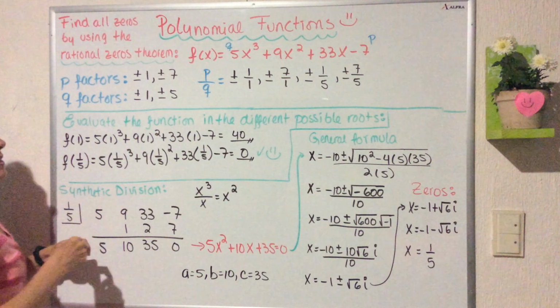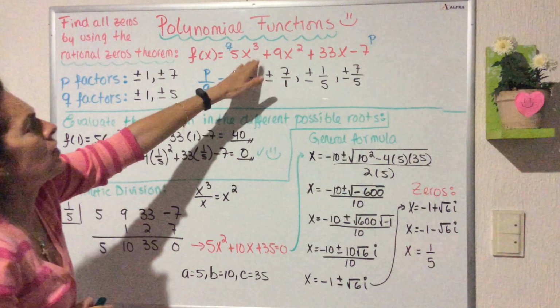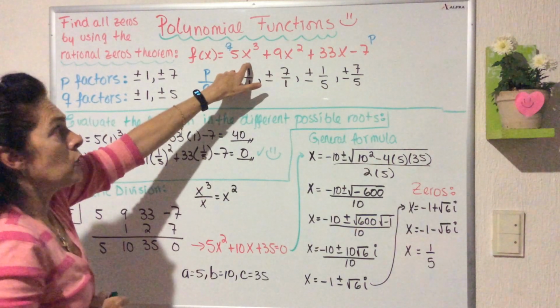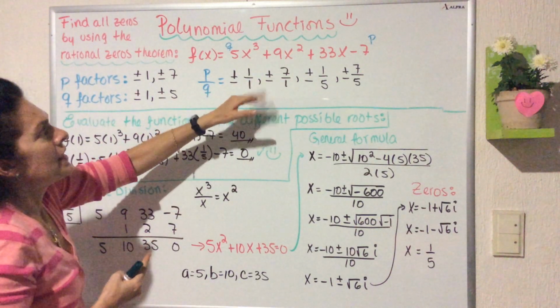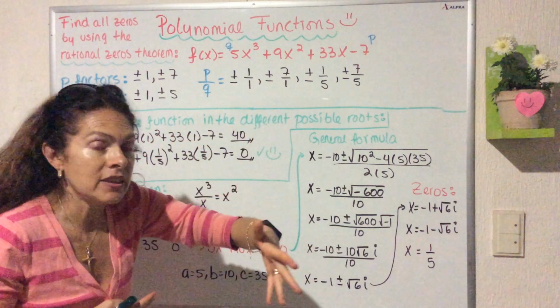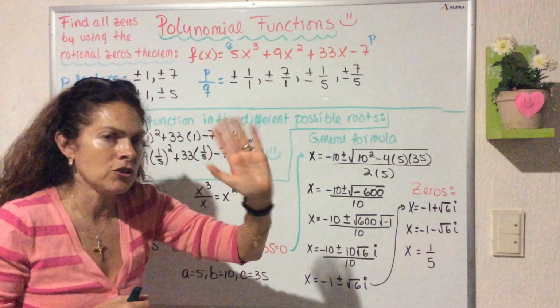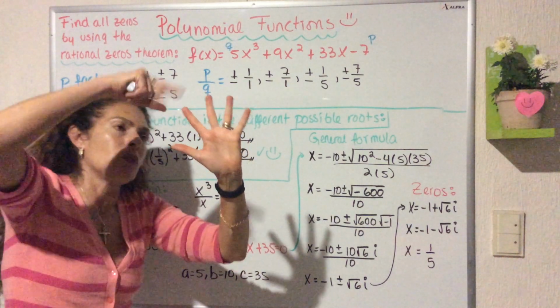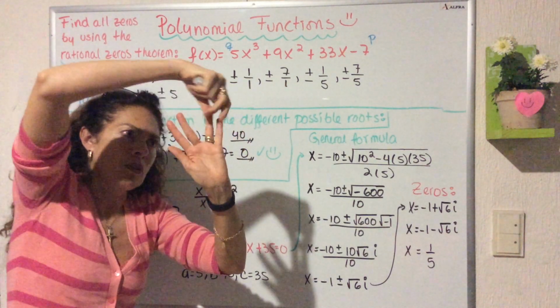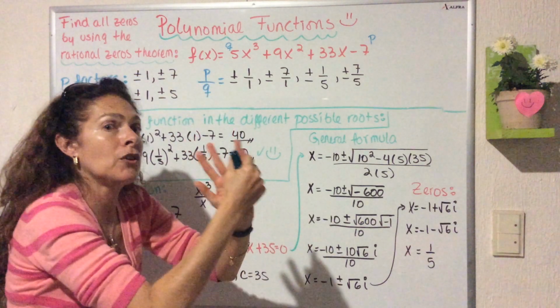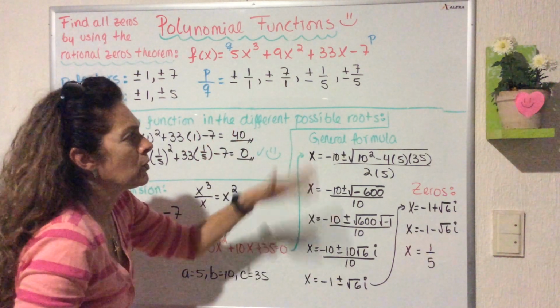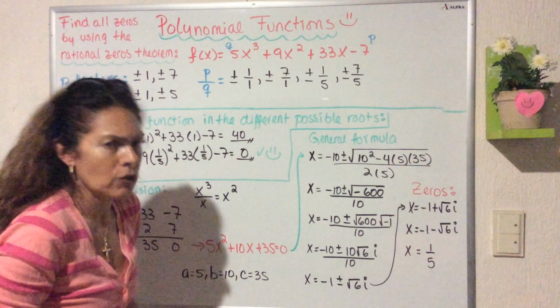Imagine that you have a 5th degree function. You have to find 3 roots so you can get the quadratic function, because when you get 3 roots, you are going to be able to get the quadratic function, and that way you're going to be able to use the general formula to get the other two roots.